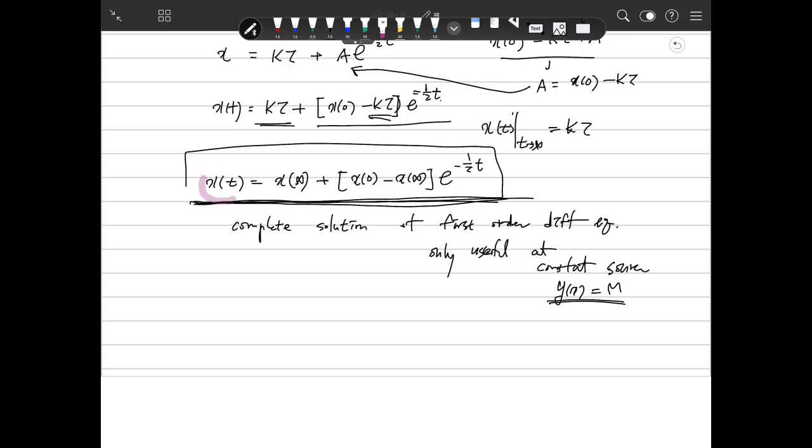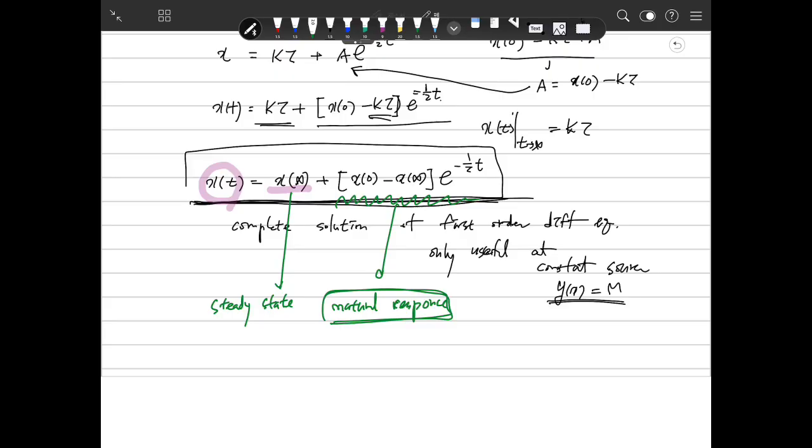You see, x(t) is the general complete solution. This term is the steady state, and this is the natural response. This is caused by a state change, like a switch or other things.